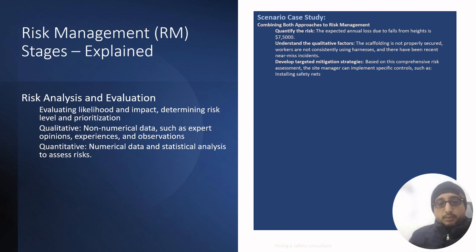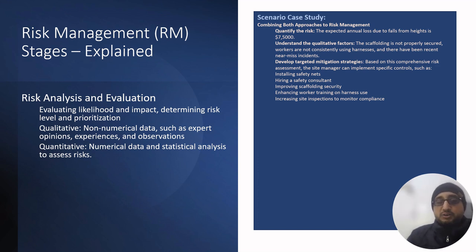First of all, install the safety nets, hire a safety consultant, and make sure scaffolding is safe to use and secure. Then provide training to the workers and provide the harness, and also make sure that an inspection and monitoring system is implemented and provide supervision. So you see how simply we can combine them together.